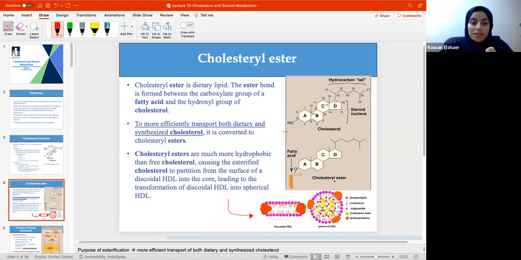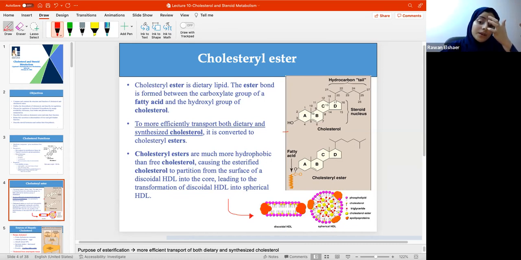Once they become a cholesterol ester, that's when they become so hydrophobic that they become packed inside, okay? Once they're packed inside, this makes the HDL go from discoid to spherical, which allows more cholesterol to be packaged inside. So basically, this spherical HDL is able to transport more cholesterol. And that's why you need cholesterol esters, because they help improve the transport of cholesterol, okay?